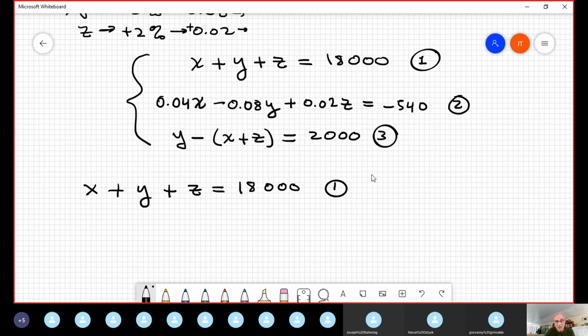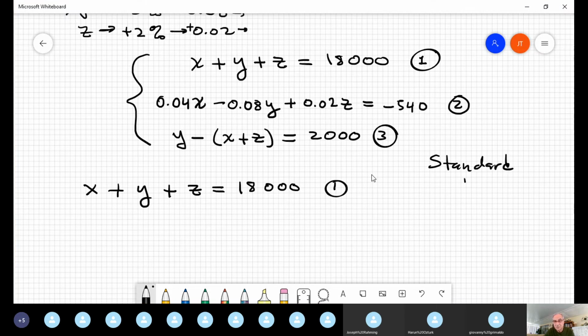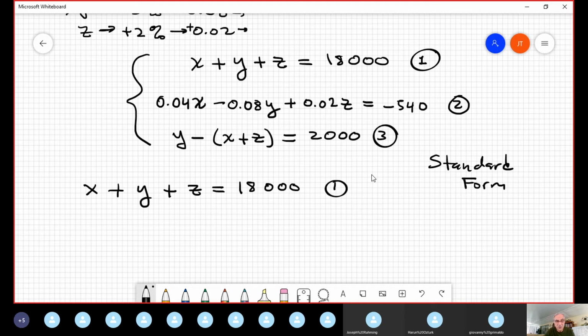This is my first equation, and it's elegant. Elegant means expressing it in standard form. Standard form means you put one column for the x, one column for the y, one column for the z, and on the right-hand side just a number. And elegant also means you never apply horrible decimals.